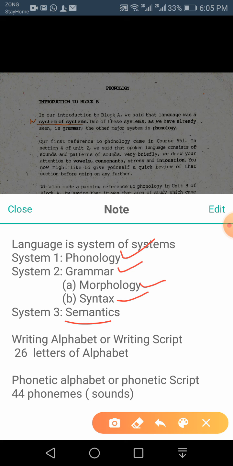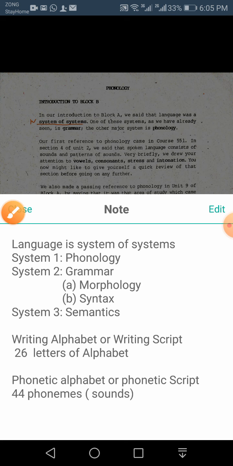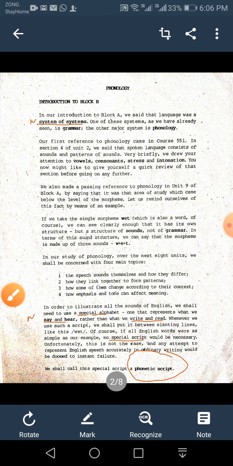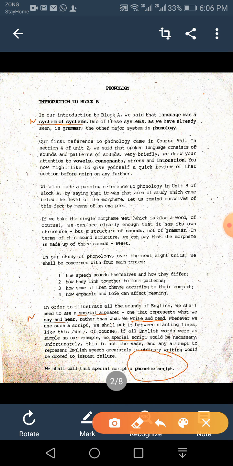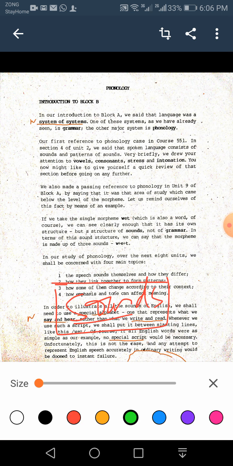So language is a system of systems, no doubt, because first of all we have the foundation, that is sounds. Okay, sounds. So language is basically sounds. Then on this system we have another system known as words. So sounds move into morphemes, and morphemes give us words.